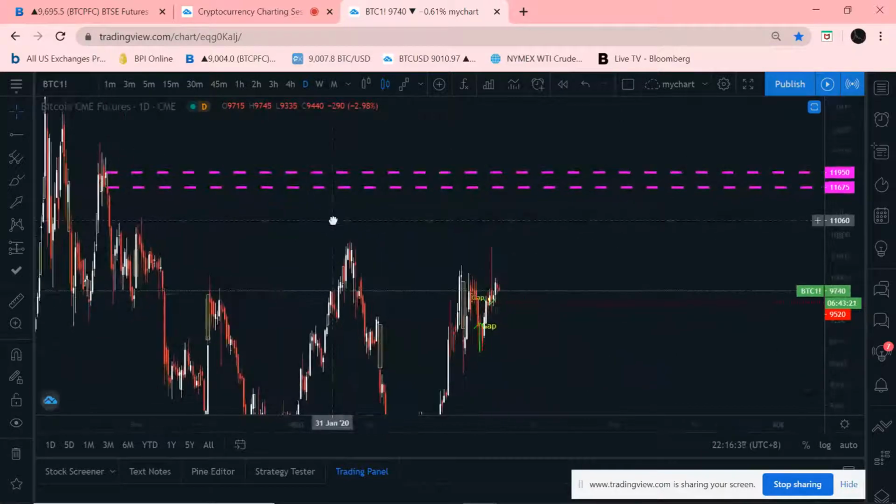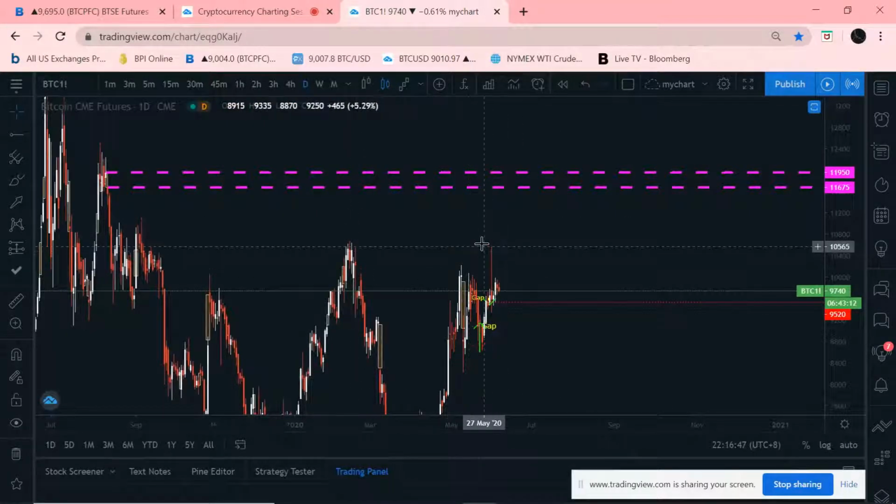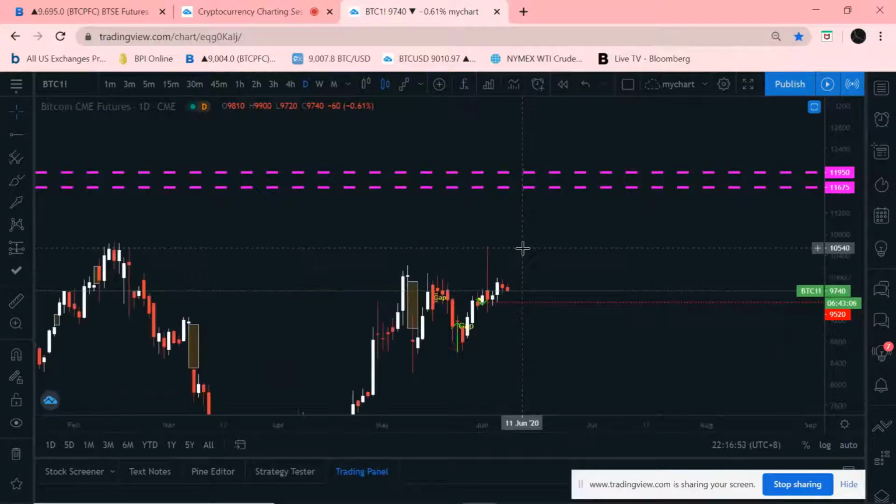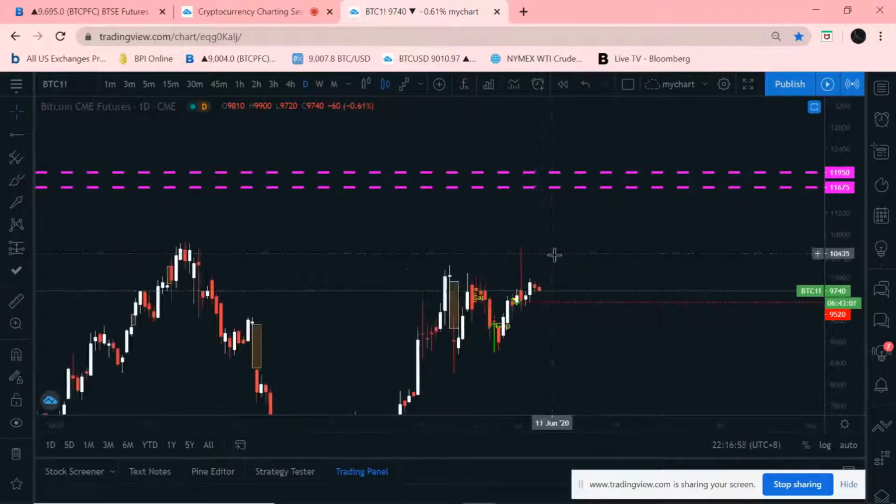Wait, let's check on this. So actually, it's the same. It's also a top and a top. So let's see if this time it will break out the 10,400 to 10,500 level.